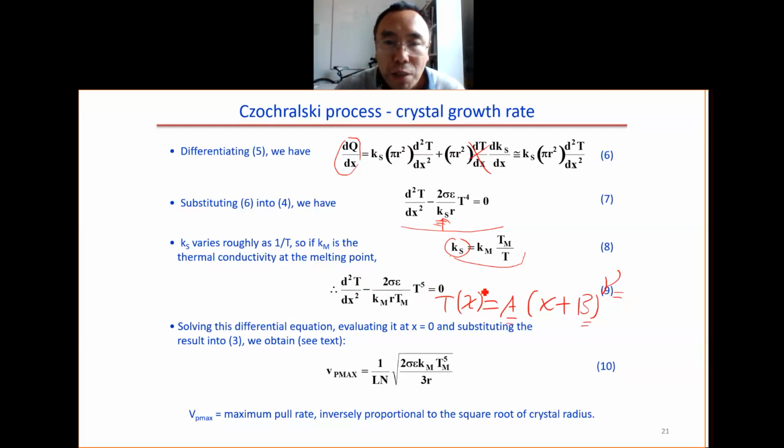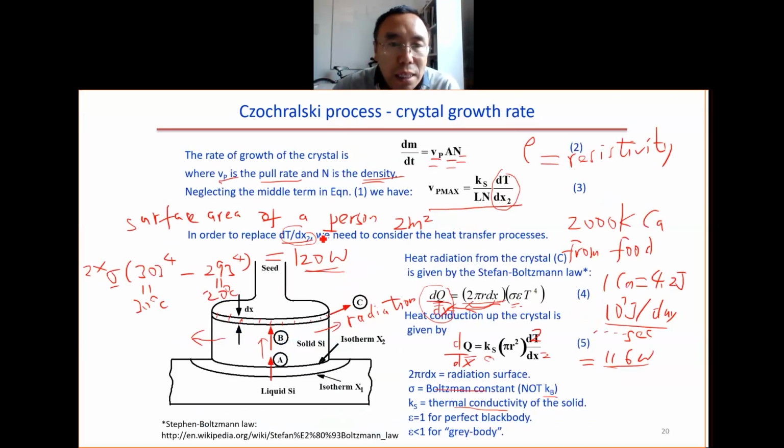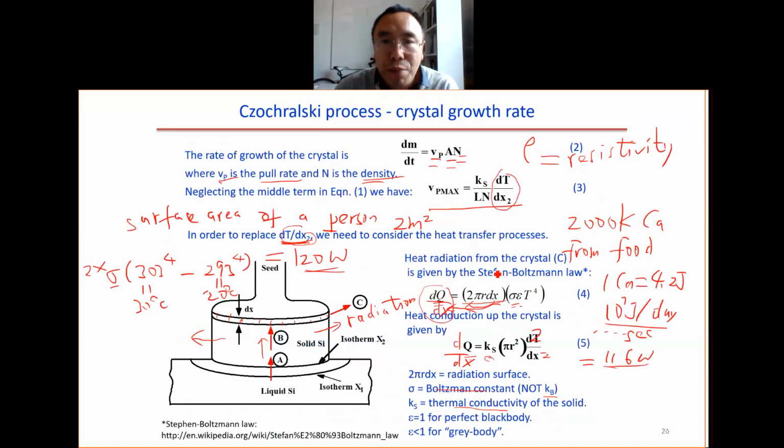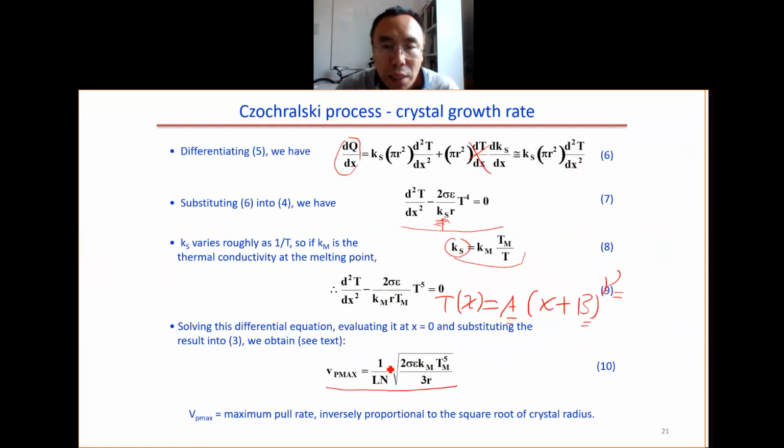Then you can find out the T(x). When you know the T(x), you can figure out the dT over dx. Then you get the maximum pulling rate, because the maximum pulling rate is given by dT over dx here. In the end, the maximum pulling rate is given by this formula.